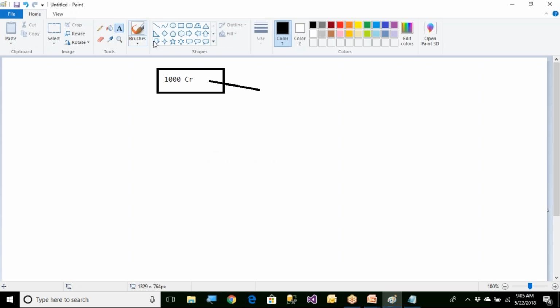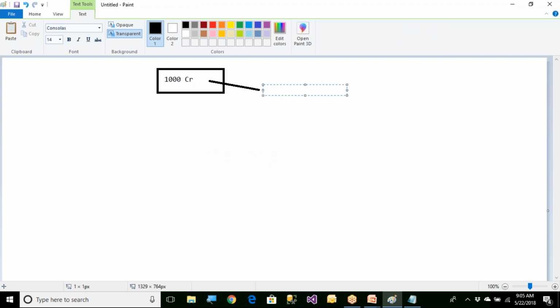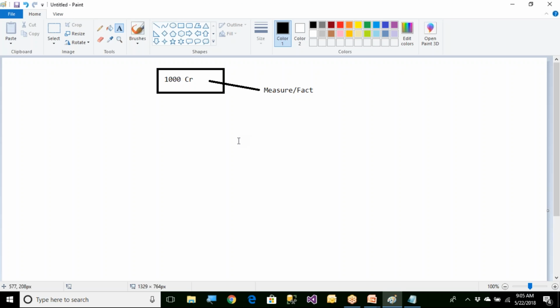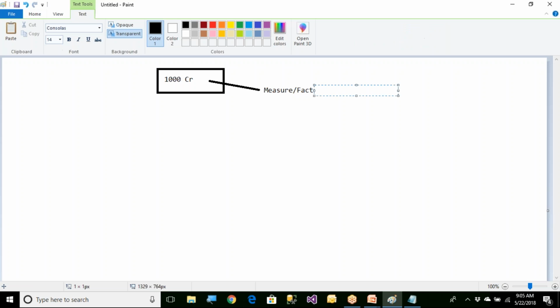The measurement is 1,000 here. So this is what is called a measure. A measure is also called a fact. What is the fact? The fact is that you got 1,000 crore profit. This is also called a metric.